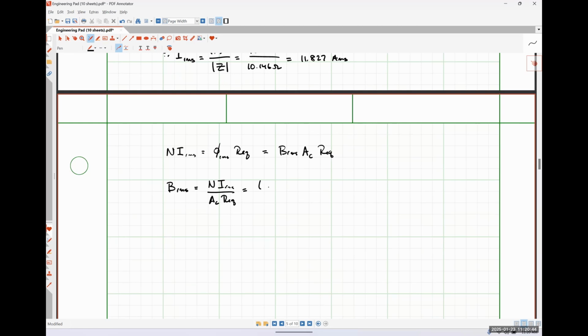So that's going to look like 250 turns, 11.827 amps, over 25 centimeters squared, and then 2.669 times 10 to the 6th amp turns per Weber, goodness.